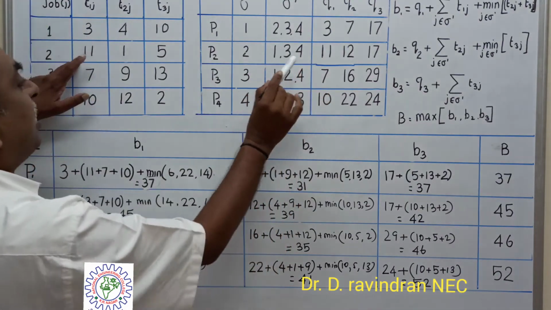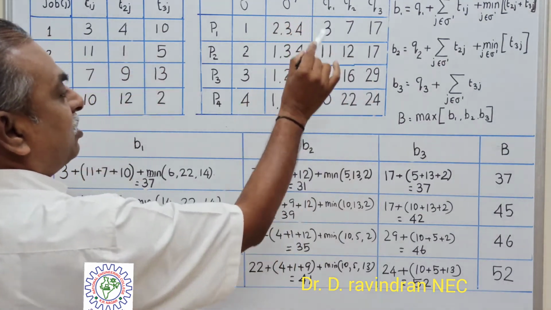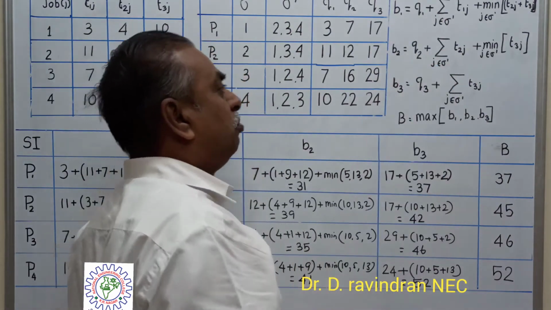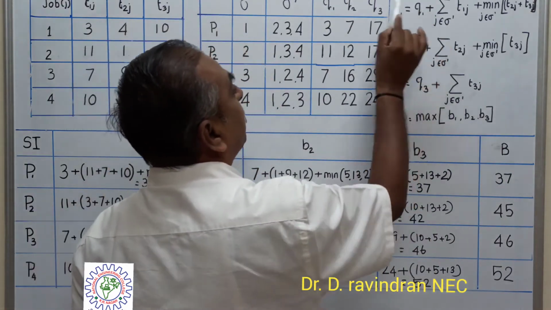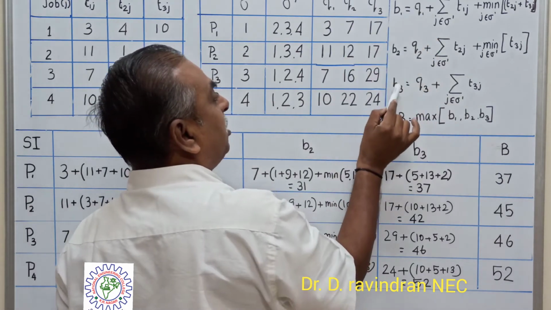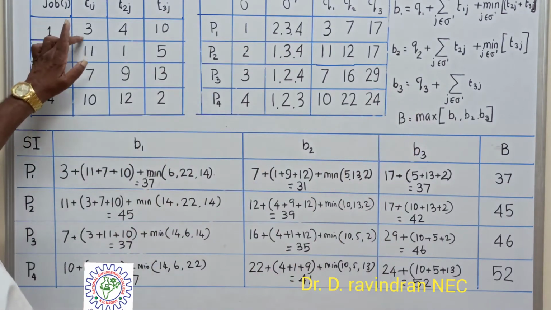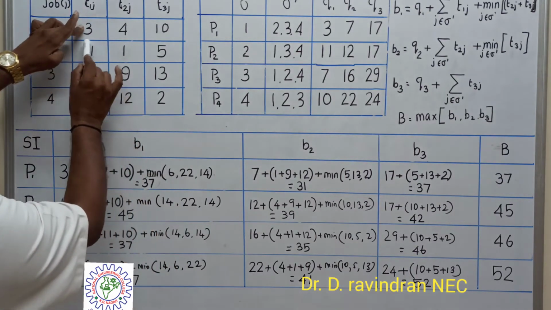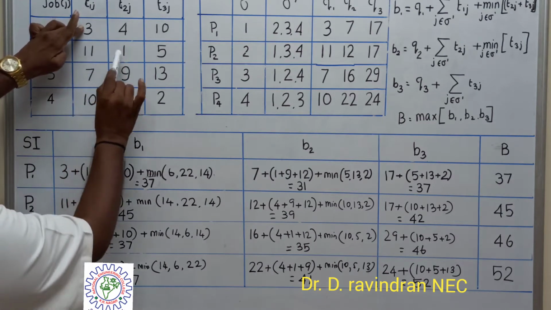That means 0 plus 11, then 11 plus 1, that is 12, 12 plus 5, 17, and so on. Now we are going to evaluate these 3 constants B1, B2, B3 at this first stage. B1 will have the Q1 term, B2 will have the Q2 term, B3 will have the Q3 term. Now, for the partial sequence, when you process this one, the minimum lower bound will be the sum of all these processing times plus the minimum of these.